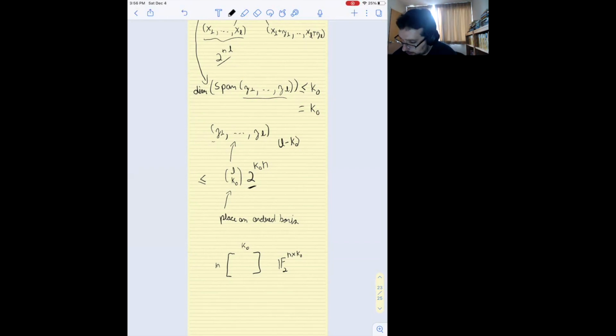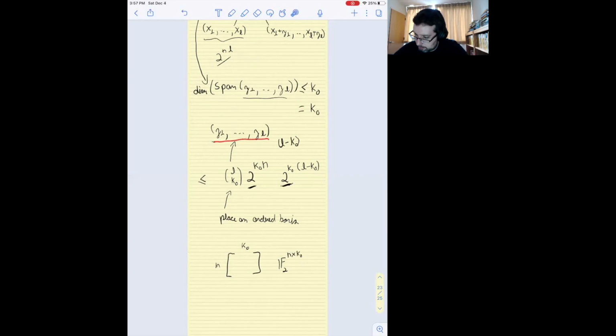So for every subsequent element, we have 2 to the K0 vectors in that space, right? Because that's the dimension of the space. And for each of the L minus K0 positions, we are going to choose one vector in this space.